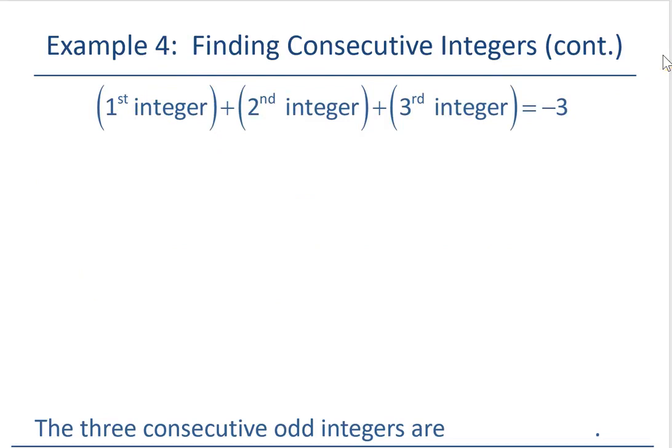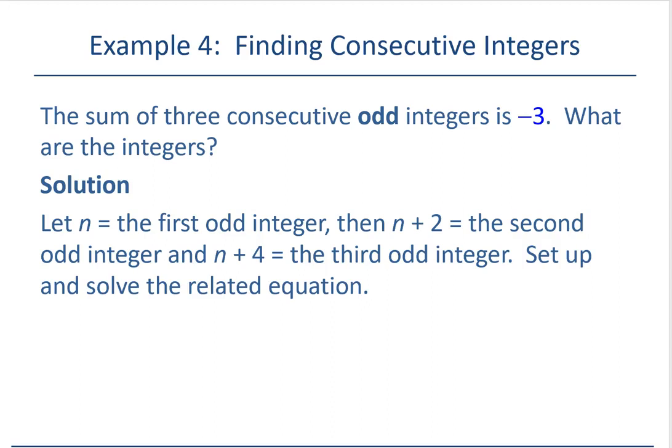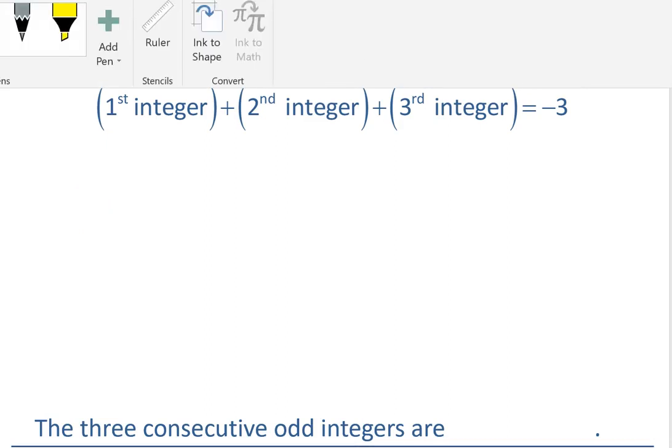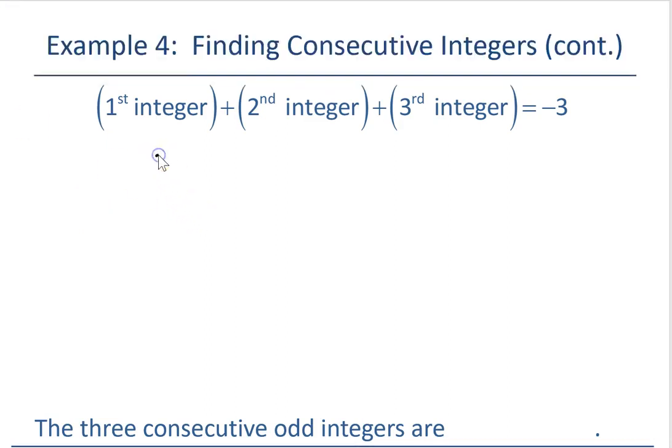Well, we know, since we're trying to find an odd integer, we're going to have the first integer, like it said from our formula, is going to be n. Okay, well, plus what? Well, then remember, we have n plus 2. Plus what? Then we're going to have n plus 4.